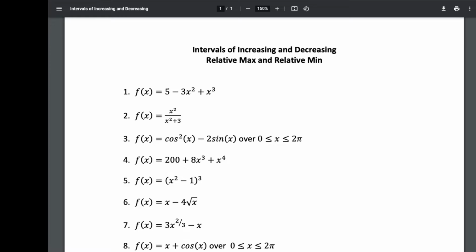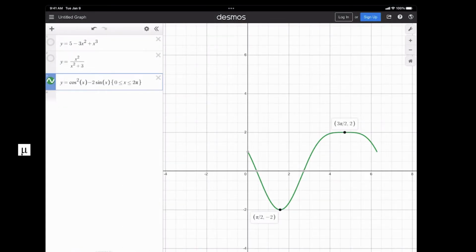Now, what was the interval again? Go with this. So I'm going to just remark here, you're not seeing Desmos. I apologize.